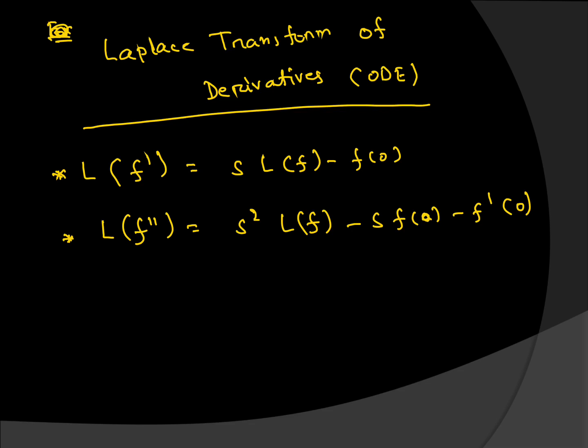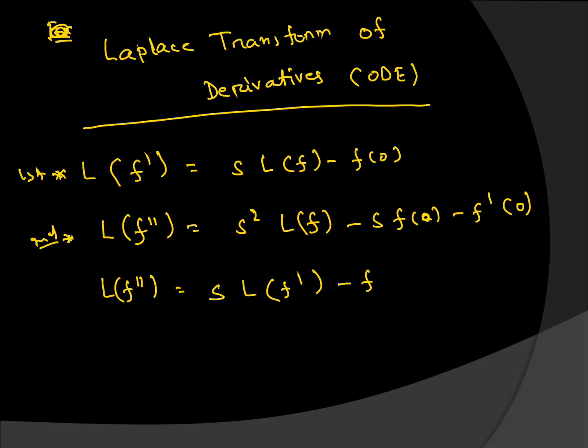We know, in the first term, L of f dash is s into L of f minus f of 0. So in the second term we put L of f double dash is s into L of f dash minus f dash 0.